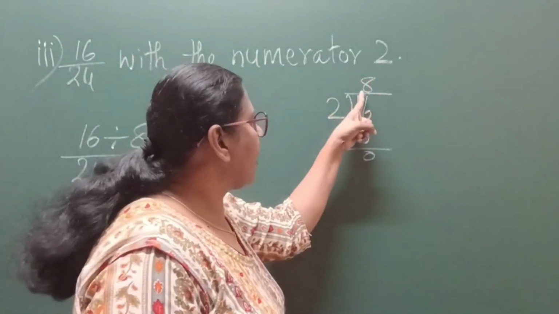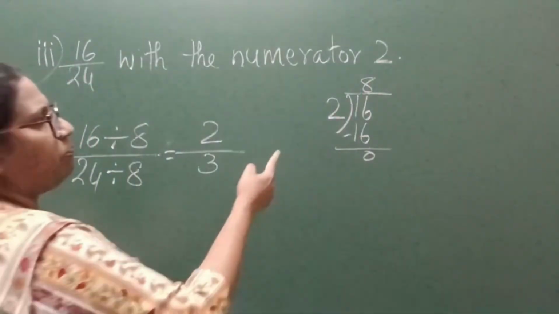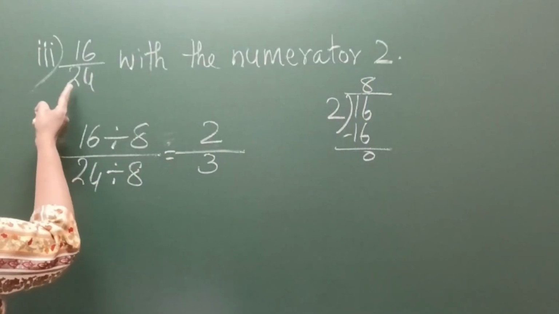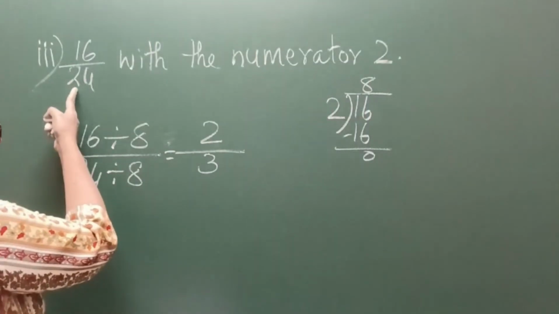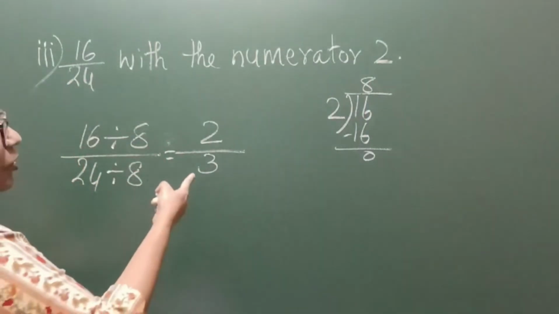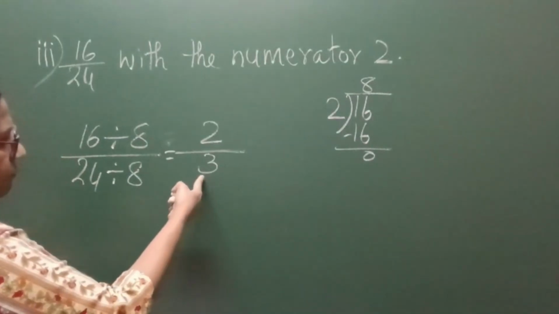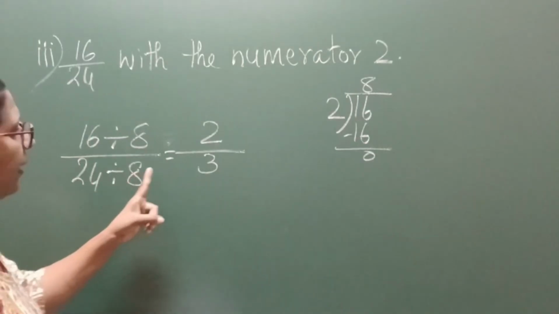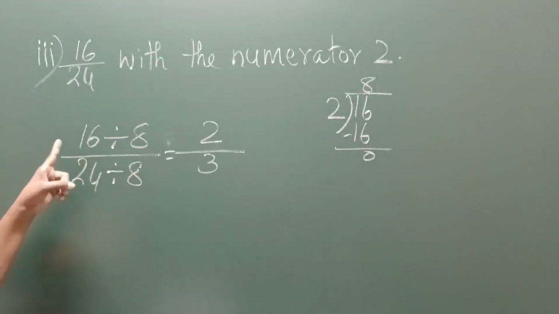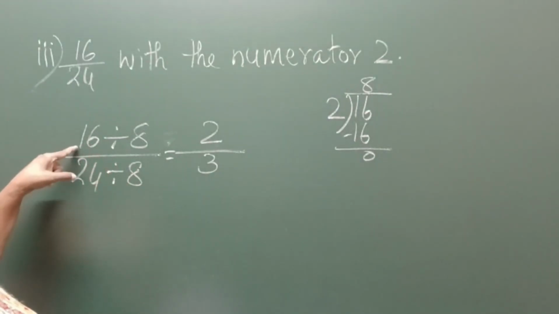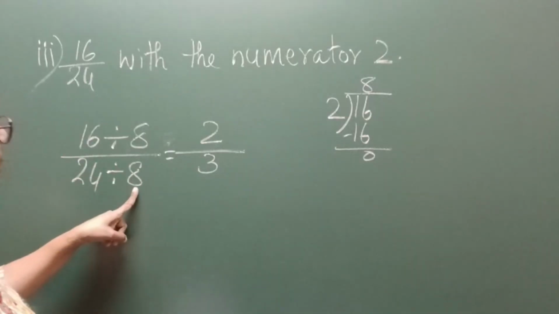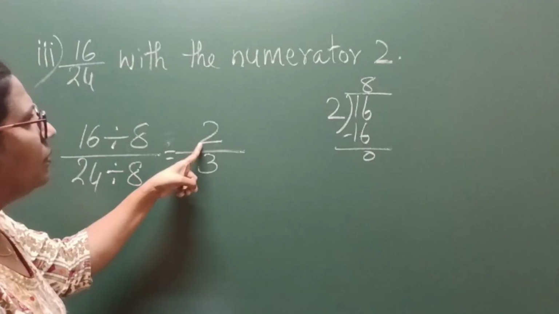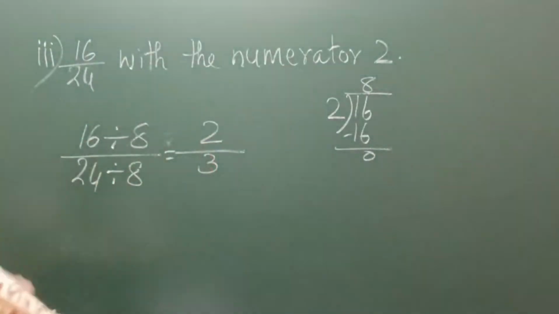Then we get a factor, that is 8. With this factor we divide the given fraction's denominator, that is 24 divided by 8. When we divide 16 also by the same factor, we get the new numerator, that is 2.